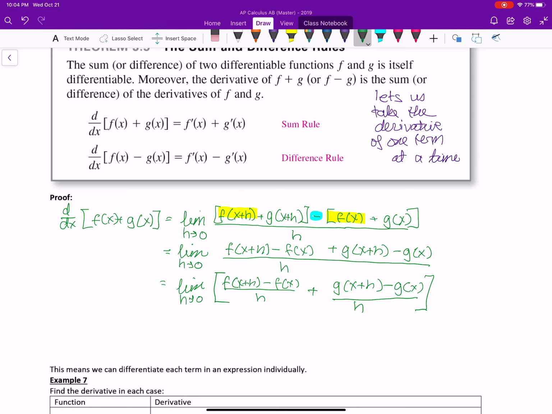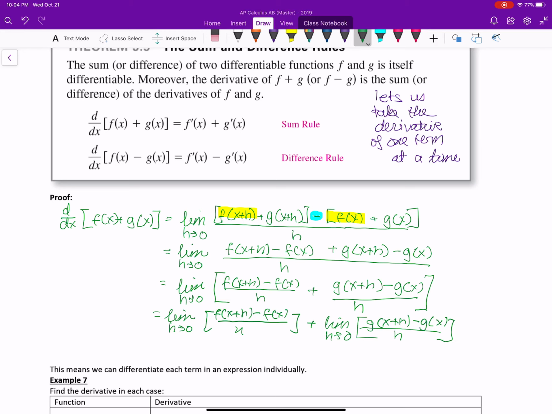But remember, the limit property means I can take the limit of those two terms separately. So the limit as h approaches 0 of f of x plus h minus f of x over h plus the limit as h approaches 0 of g of x plus h minus g of x over h.